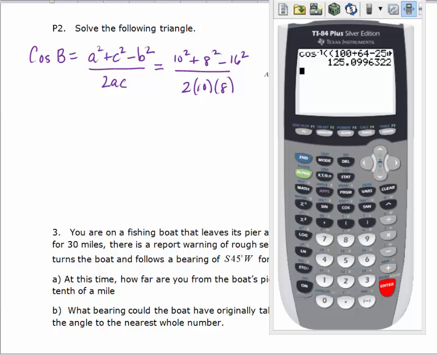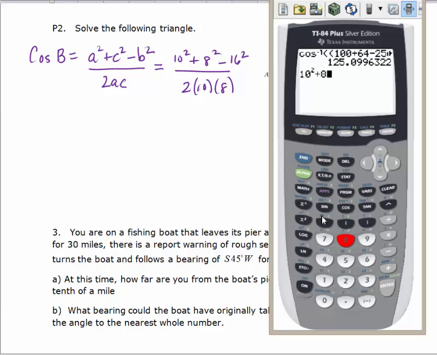You could have, if you wanted to, just evaluate the numerator first, 10 squared plus 8 squared minus 16 squared, and hit enter. There's your numerator. And then you can evaluate the denominator, 2 times 10 times 8.